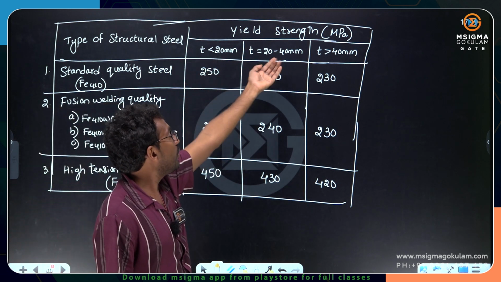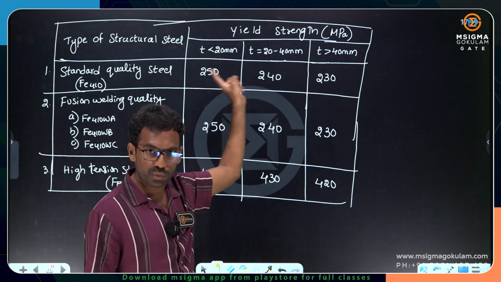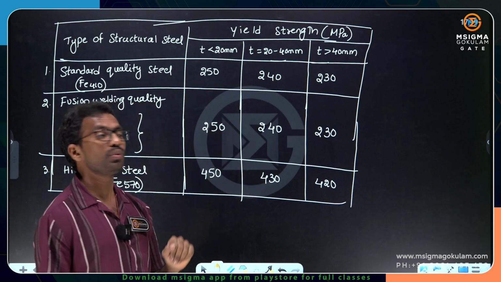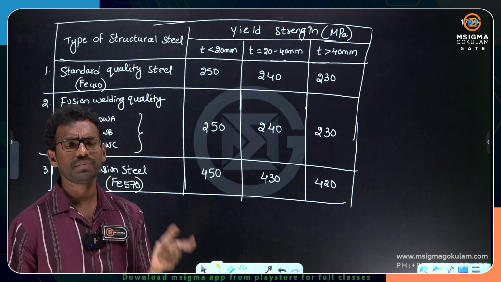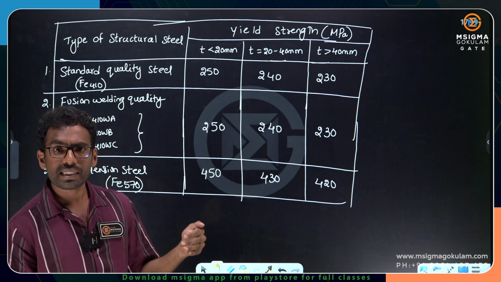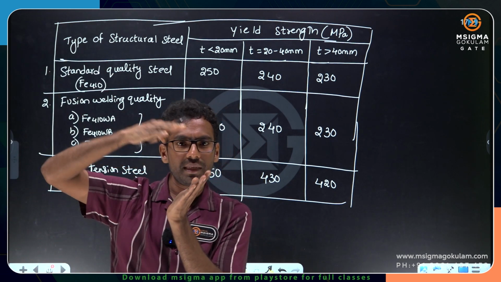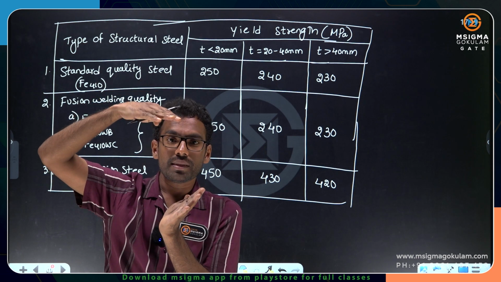If thickness is 20 to 40 mm, it reduces from 250 to 240. If the thickness is more than 40 mm, it will be 230 megapascal, which means that if the thickness is less, yield strength is more. If thickness of the material is more, yield strength decreases.